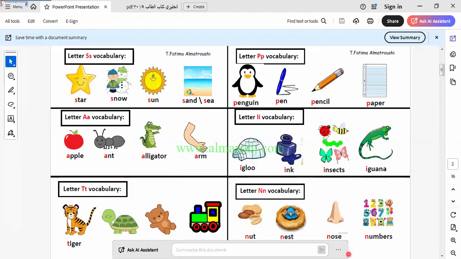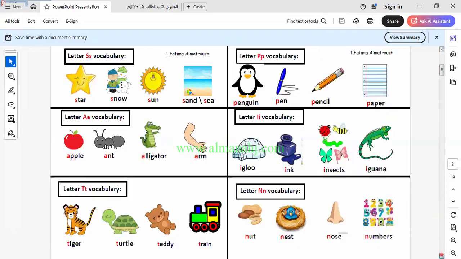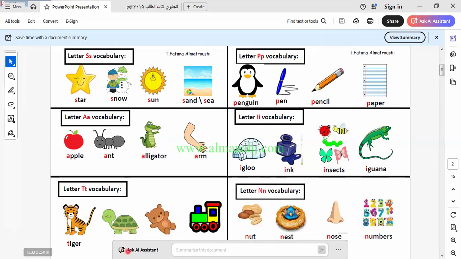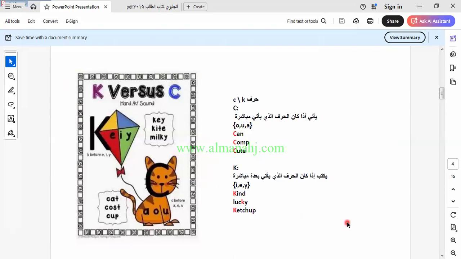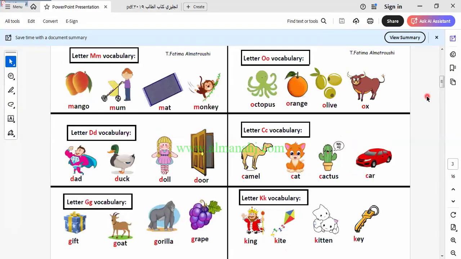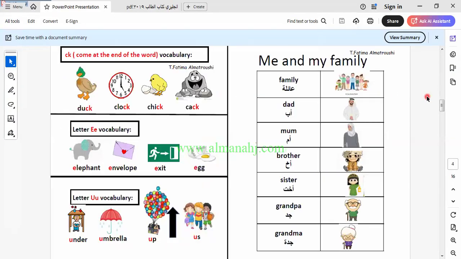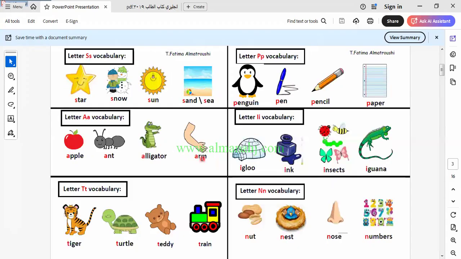We have here turtle. We have tiger. We have letter T: tiger, turtle, teddy bear, teddy, and train.